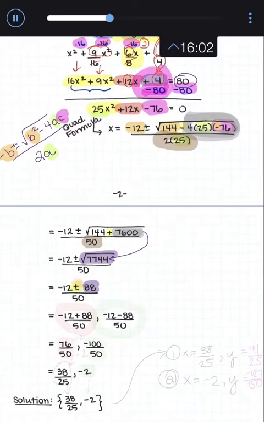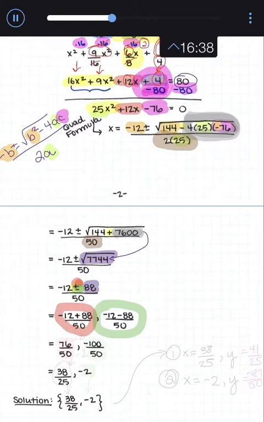So, reading out the two answers, the one with the plus first is negative 12 plus 88, all of that divided by 50, that's your first answer. Then your second answer is using the minus sign. Negative 12 minus the 88 all over 50. That's your second answer. But you actually have to do the math if you can.